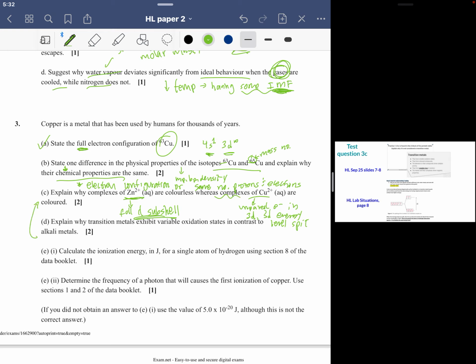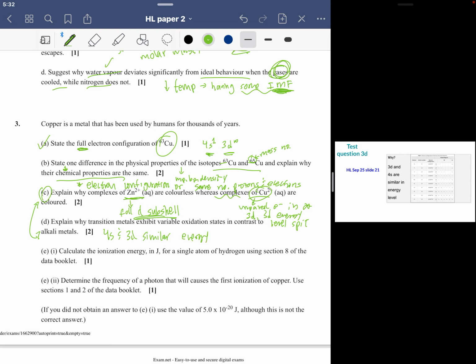People tended to confuse a little bit C and D. So D subshell splitting, that's why we get those colored complexes. Why do we get variable oxidation states? That's because 4s and 3D are similar in energy. So it's subtle, but in C, we're really looking at the fact that 3D splits into not just n equals 3, all at the same energy level, but that the different orbitals in 3D are at two different energy levels.